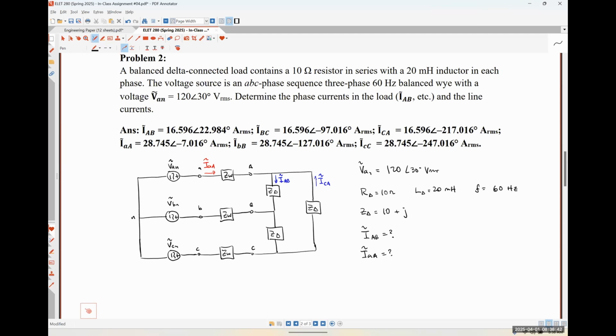So let's just call that 7.540 ohms. I'm just going to make a quick note that Z delta is equal to R delta plus J omega L delta.